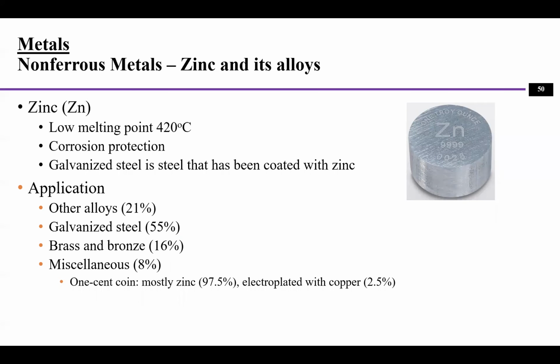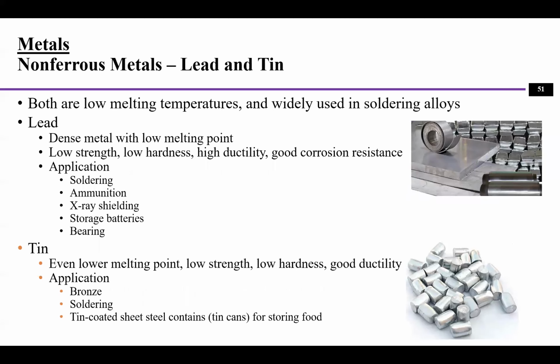And zinc has a lower melting point, but it has good corrosion protection. Galvanized steel is a type of steel that is coated with zinc. Some metals have a lower melting temperature, and with those lower melting temperatures, they can actually be used in soldering applications.